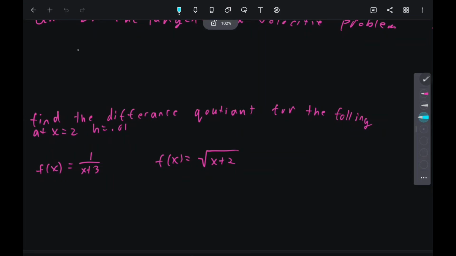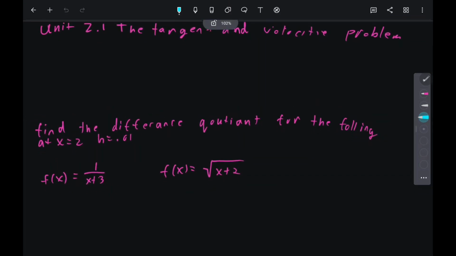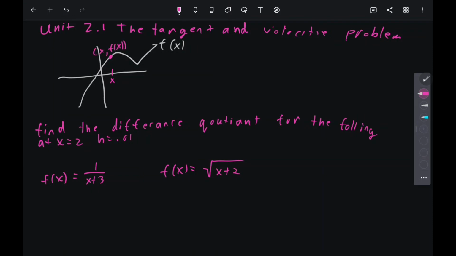Suppose that we have a graph, and we are just going to call this graph f of x. Now, suppose that we have a point on this graph, x, which would have a coordinate x, f of x. Well, we know how to find the secant line.